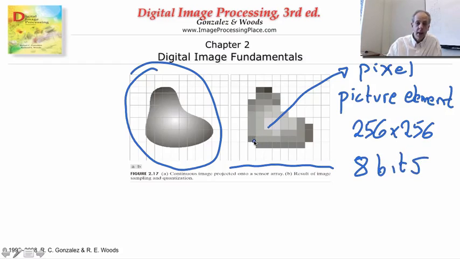So every pixel is represented by 8 bits, which means that it can represent 256 different gray values. And we're going to see how important this is. Both the spatial discretization and the quantization of gray values are extremely important. We can have better images.